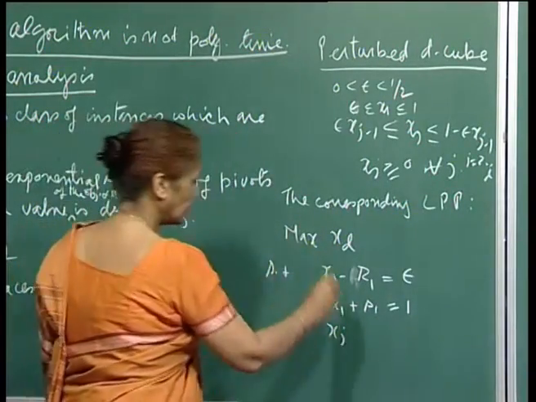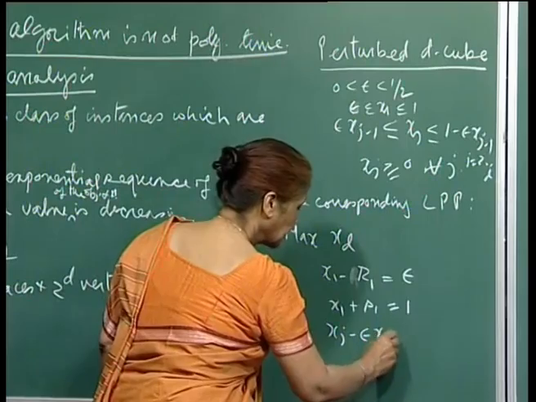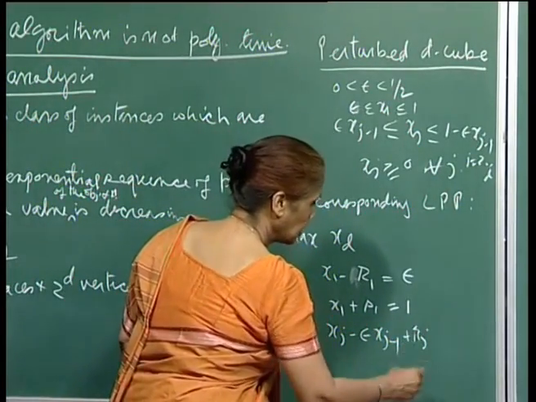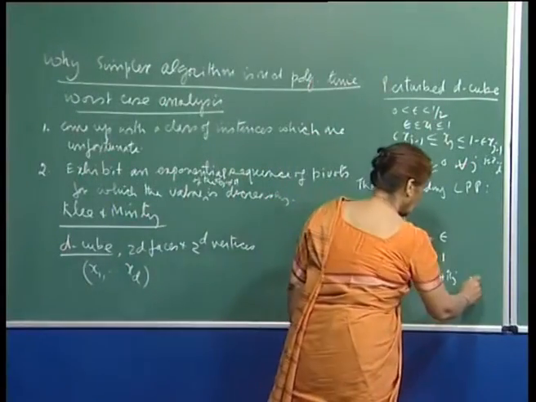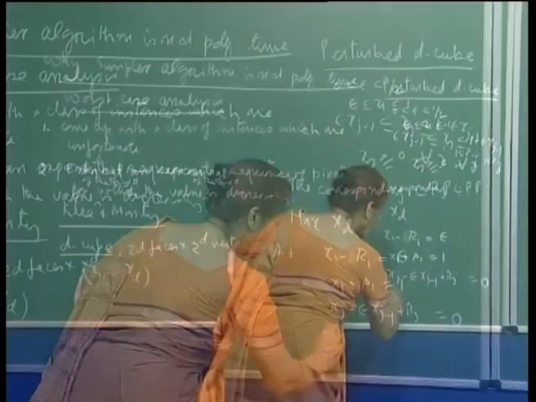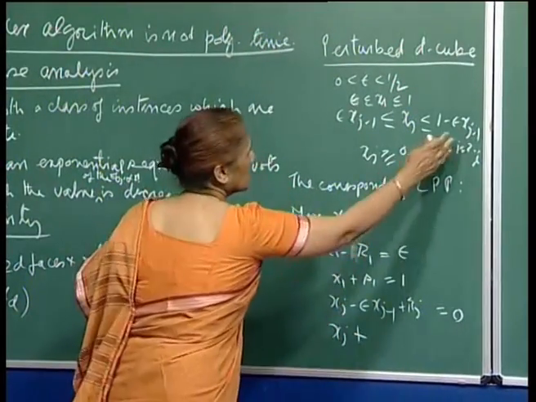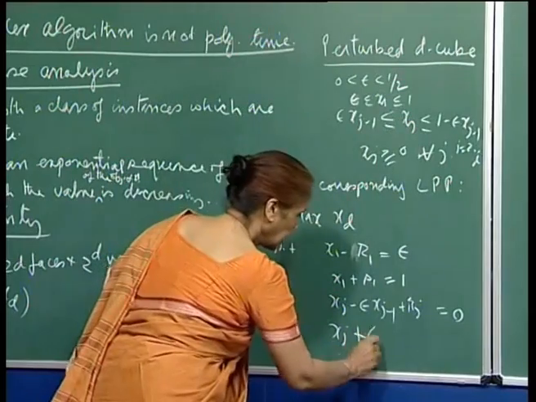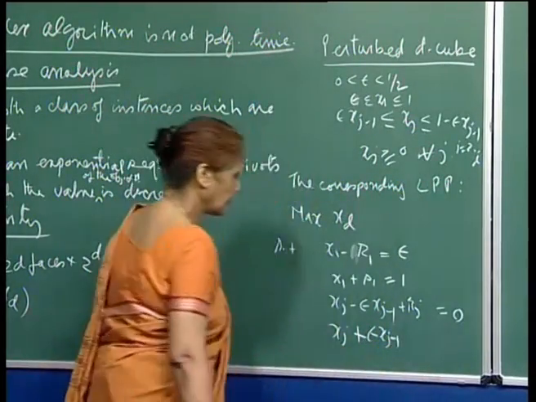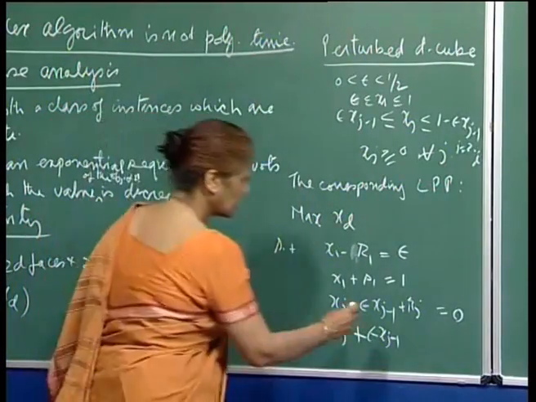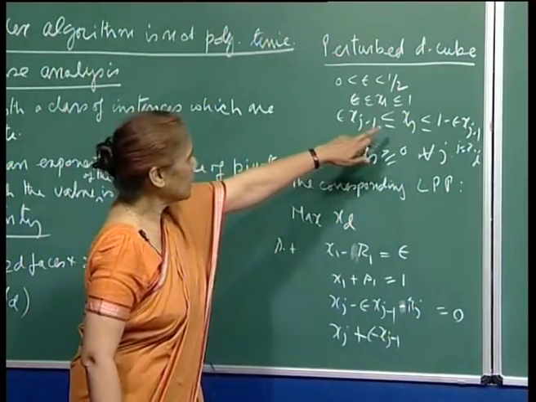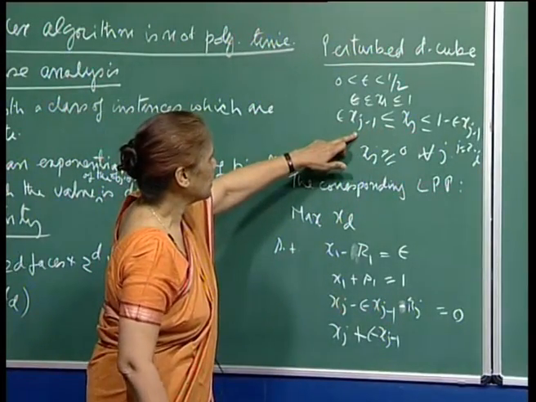Similarly for x_j we will say x_j minus epsilon x_{j-1} minus r_j is equal to 0, sorry, it should be minus r_j, because the constraint is x_j greater than or equal to epsilon x_{j-1}.